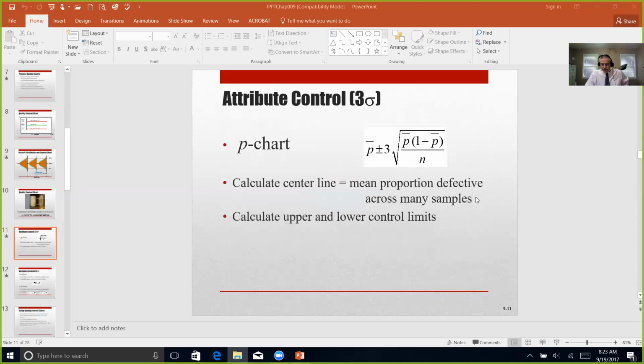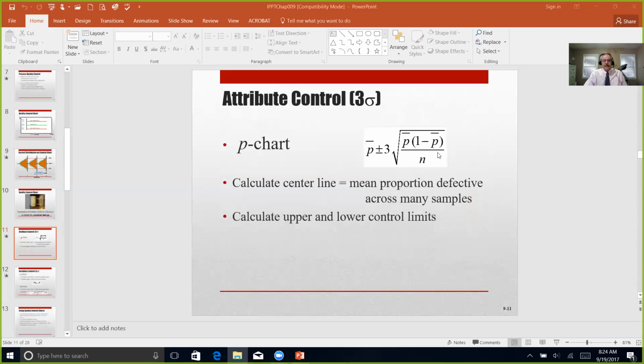It's the very same formula. The only difference is the addition or the negative sign: the upper control limit is plus 3 standard deviations of the average, and the lower control limit is negative 3 standard deviations of the average, like what we had earlier.